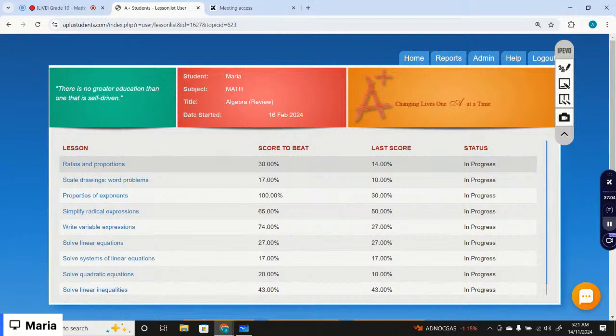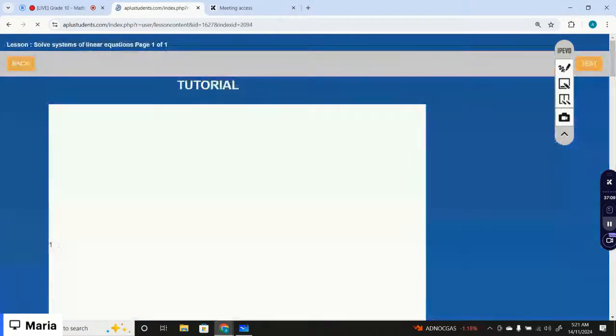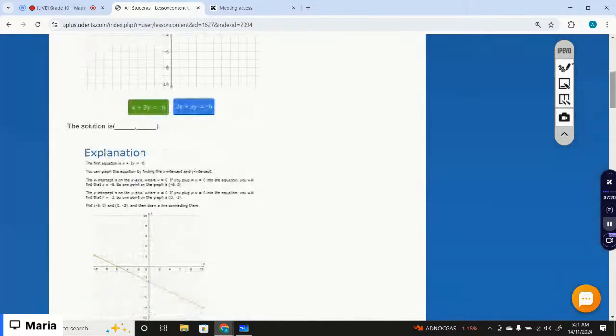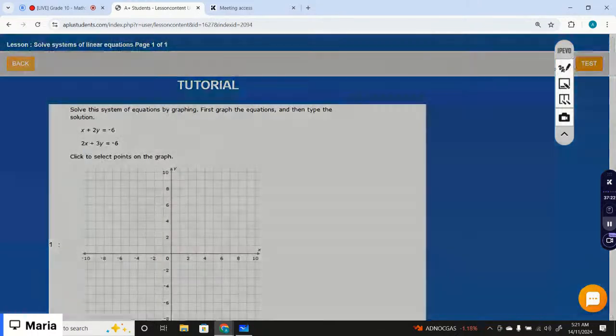The next lesson is solve systems of linear equations. Solve the system of equations. Let's just start with the test questions.